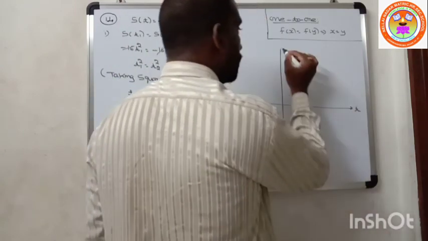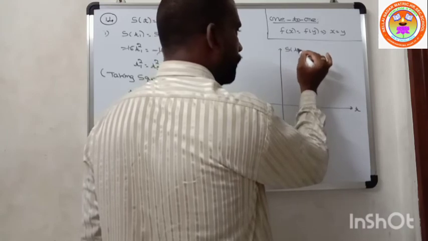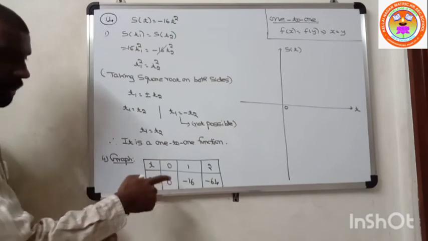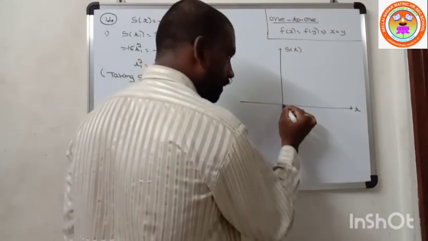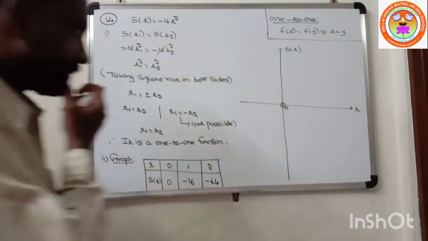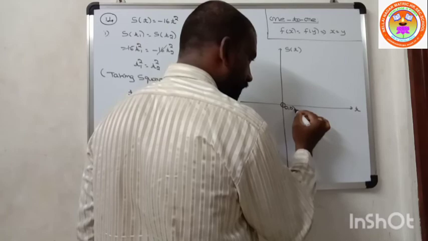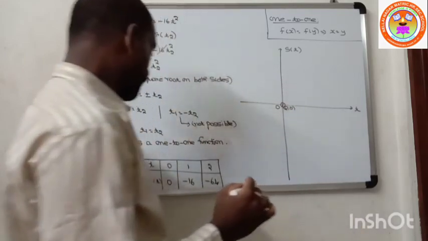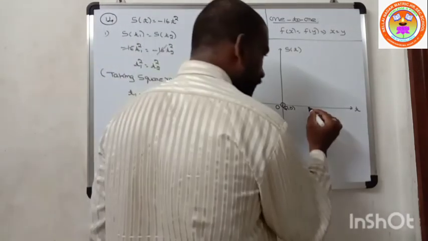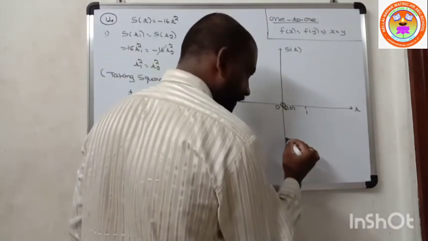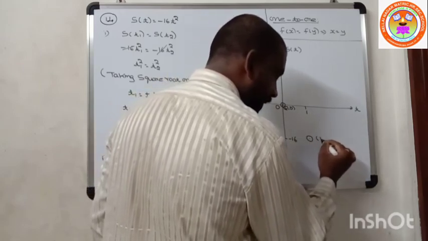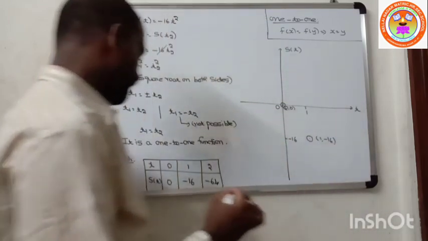T, s of t. T equal to 0, s of t is 0, so the point is 0 comma 0. T equal to 1, s of t is minus 16, so 1 comma minus 16.